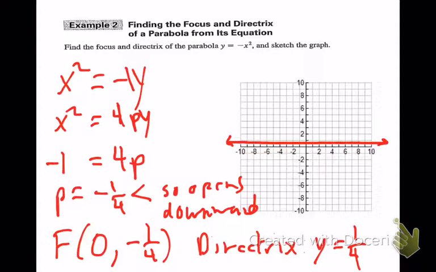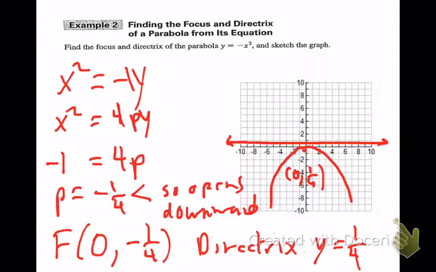And our focus is 0, negative 1/4, and we have our parabola opening downward. And it's going to go through 0, 0. Right. All the parabolas we graph will go through the vertex of 0, 0.